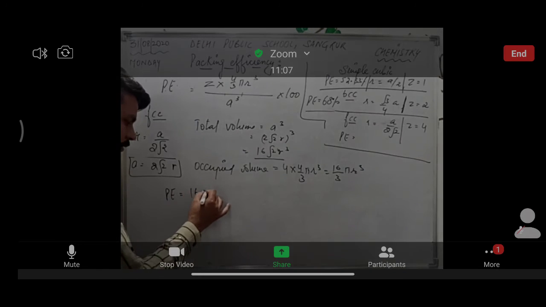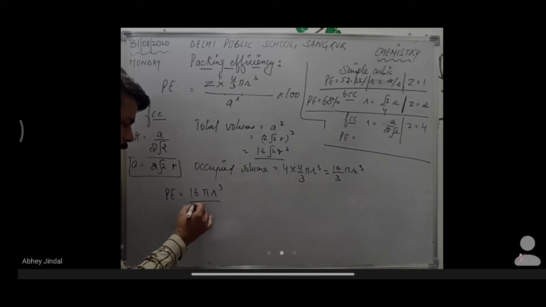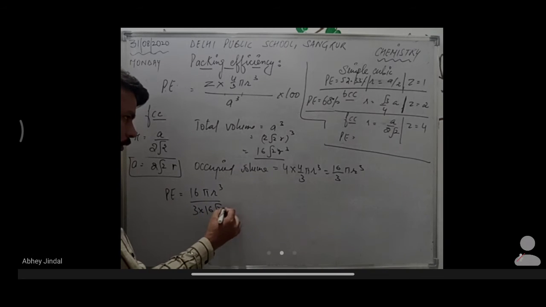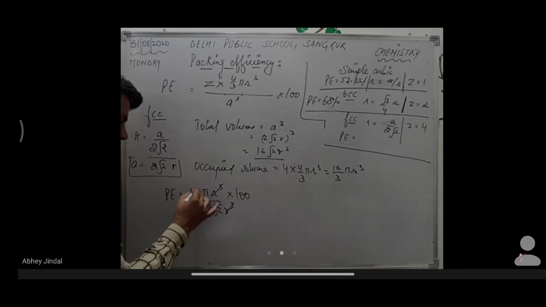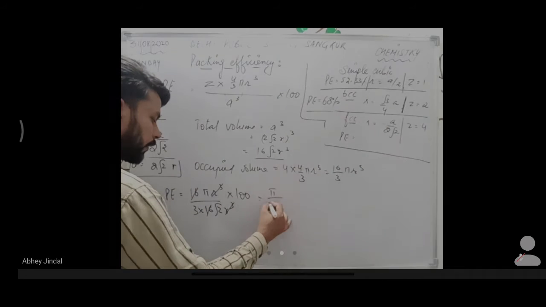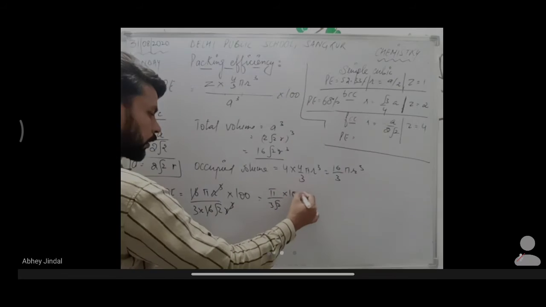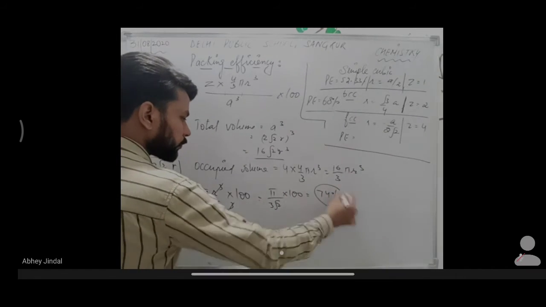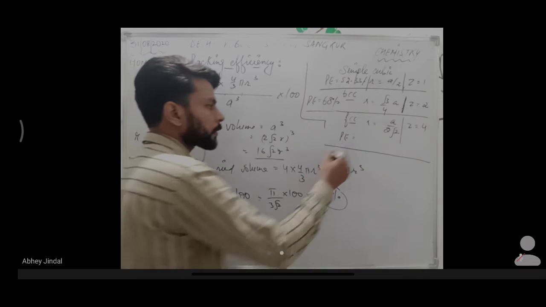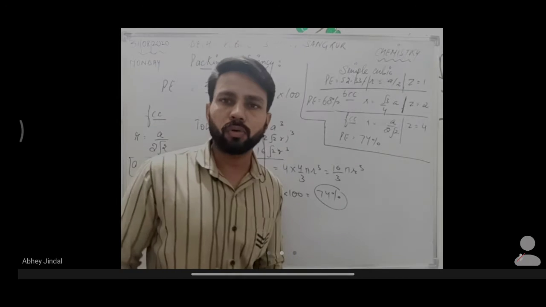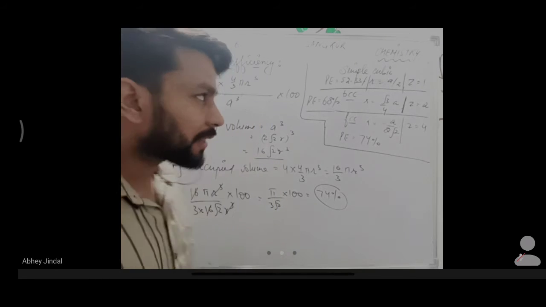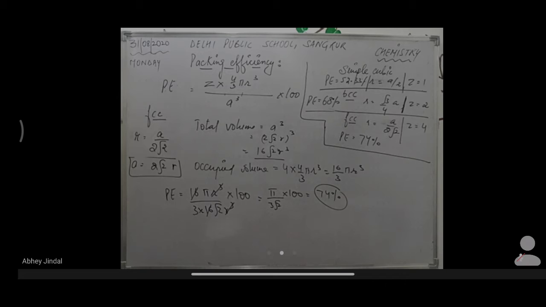So it comes out to be 16 by 3 pi r cube upon 16 square root 2 r cube, multiplied by 100. 16 cancels, this becomes pi by 3 square root 2 into 100, and this comes out to be always approximately 74%. This is maximum among each and every case. So we can say that the face-centered cubic unit cells are more closely packed and they are the most stable structure as compared to simple cubic and body-centered cubic BCC.